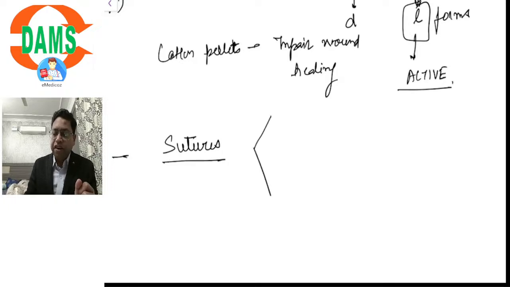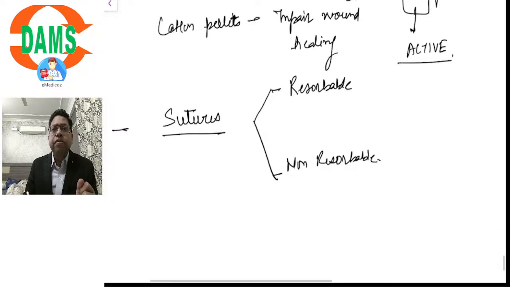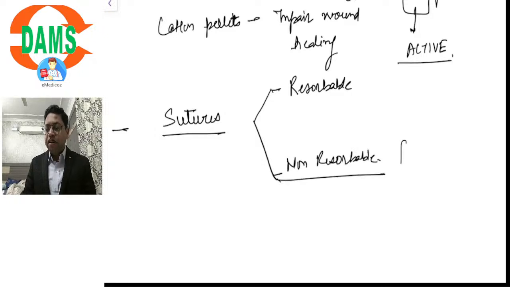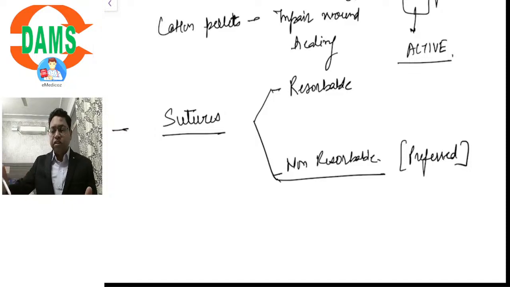Sutures can be used in both resorbable and non-resorbable forms. Most of the time, because we have to remove the sutures early in periradicular surgery, non-resorbable are preferred, because resorbable sutures like chromic catgut, catgut, PGA, etc., require a longer duration.